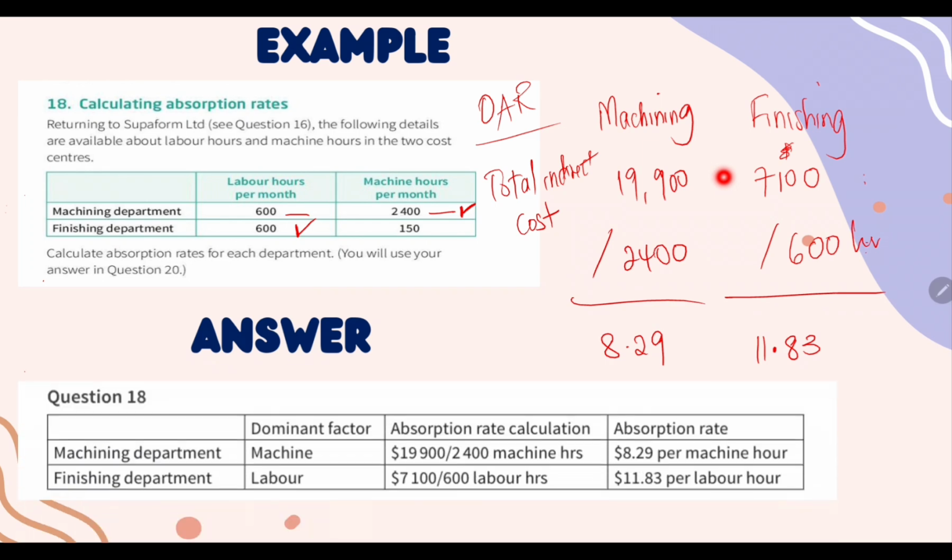If you don't, you might have a few points off, as in answers. In terms of marks, I do not know what we do there. So we'll look here. They say the dominant factor for machining department is the machine hour, labor hour. Yep. Do we have the same thing? Yeah, we do.